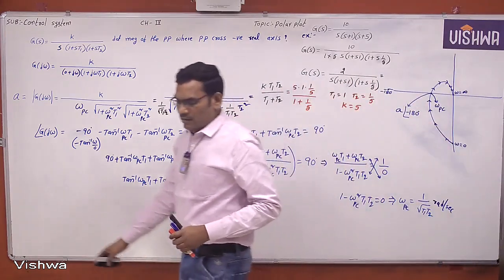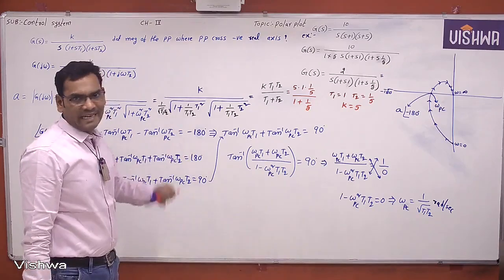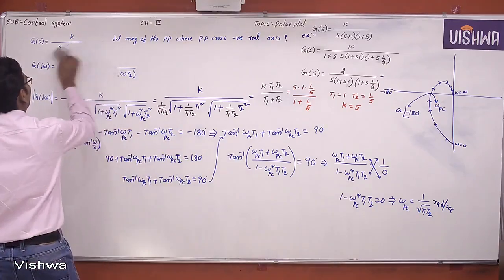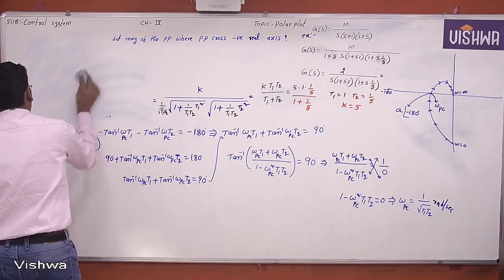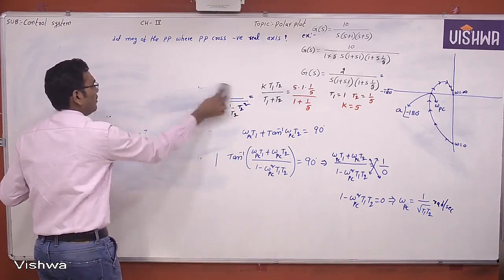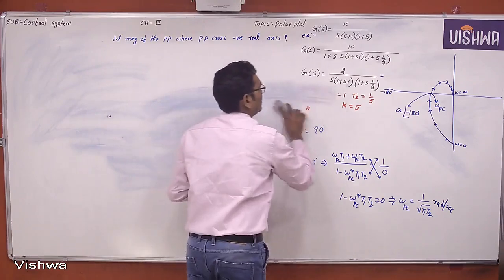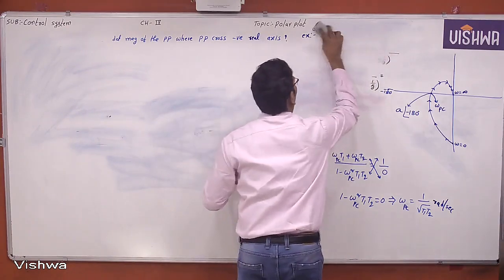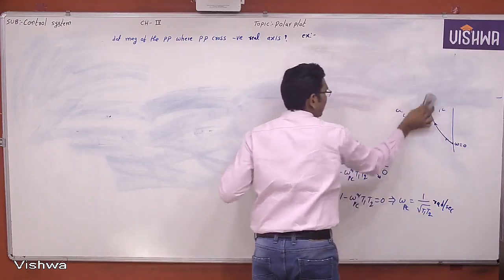Clear or not? This is one kind of problem where he is asking to find the magnitude anywhere. Use the same procedure and you can determine the magnitude anywhere when the polar plot crosses the negative real axis, positive real axis, negative imaginary axis or positive imaginary axis. But whatever problem we solved, that will come directly, so use that formula directly.